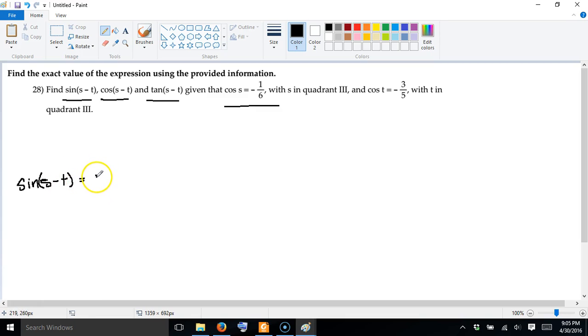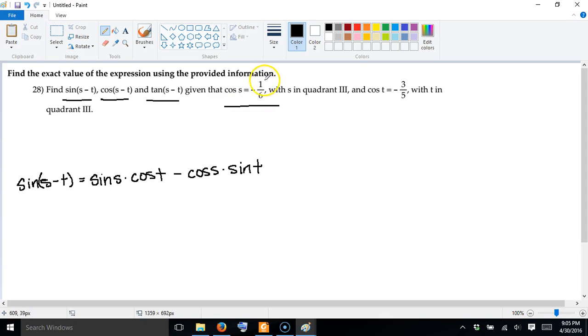Sine of s minus t is equal to sine of s times cosine of t minus cosine s times sine of t.